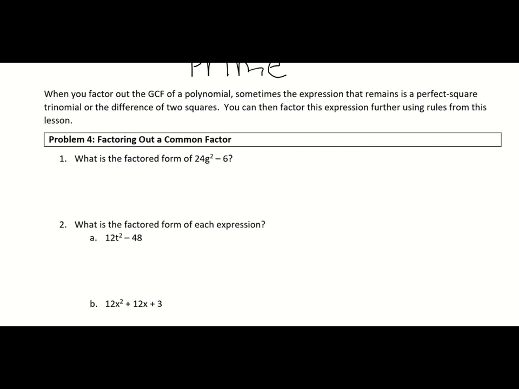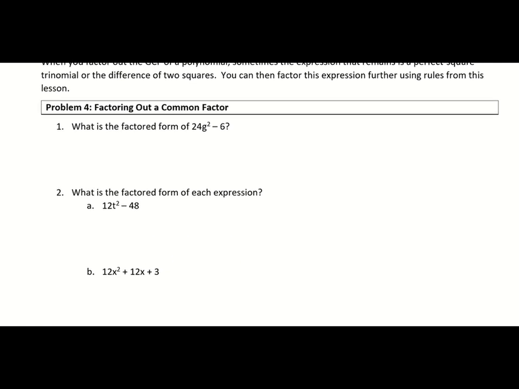Our last problem, we're going to tie in the ones that have GCFs and look at factoring those. So number 1, we want to factor 24g squared minus 6. First thing that I'm going to do is factor out the GCF of 6. That will leave me with 4g squared minus 1.